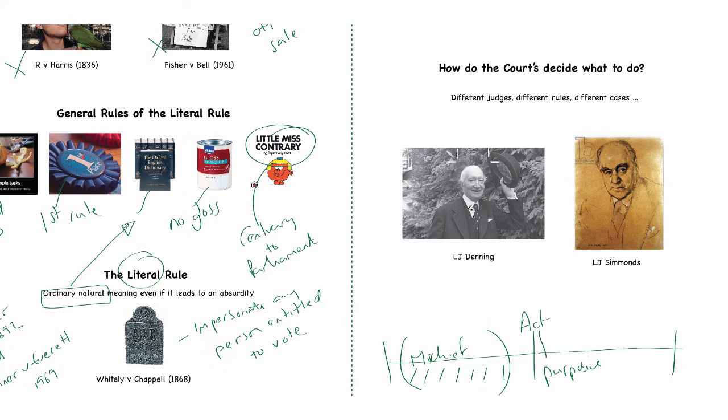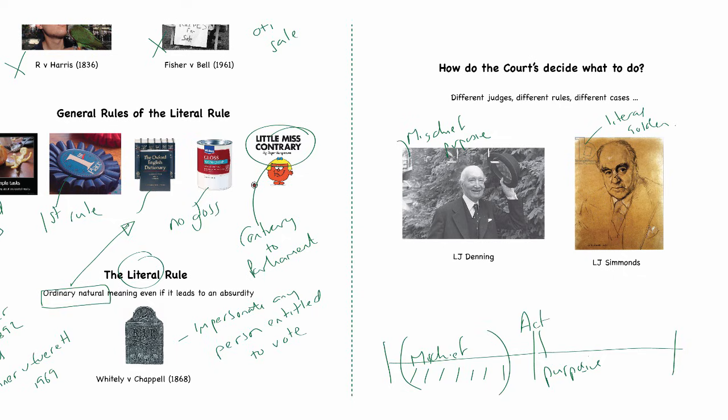Simonds, on the other hand, says, filling in the gaps is a naked usurpation of the judicial function under the guise of interpretation. If a gap is disclosed, then the remedy lies in an amending act. So Denning very clearly would follow the mischief or the purposive approach, whereas Simonds would follow the literal or golden approach.